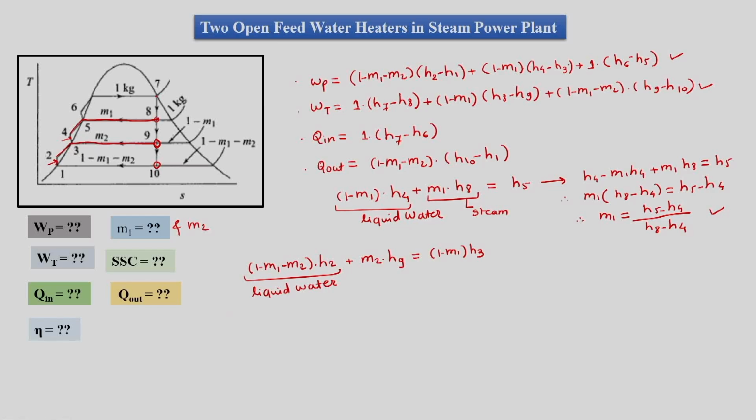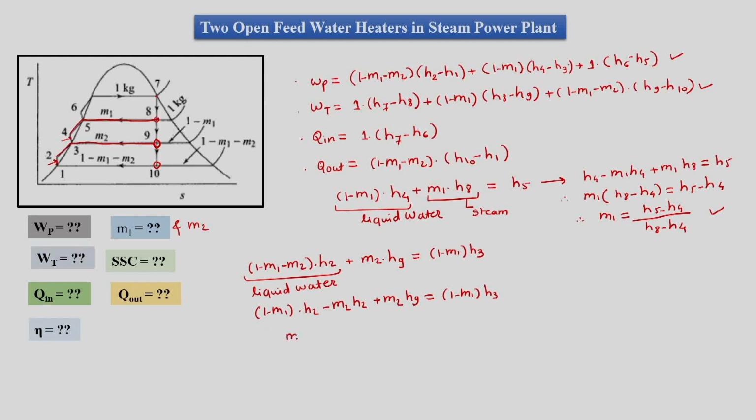So we can say that (1 minus m1) into H2 minus m2 into H2 plus m2 into H9 is equal to (1 minus m1) into H3.